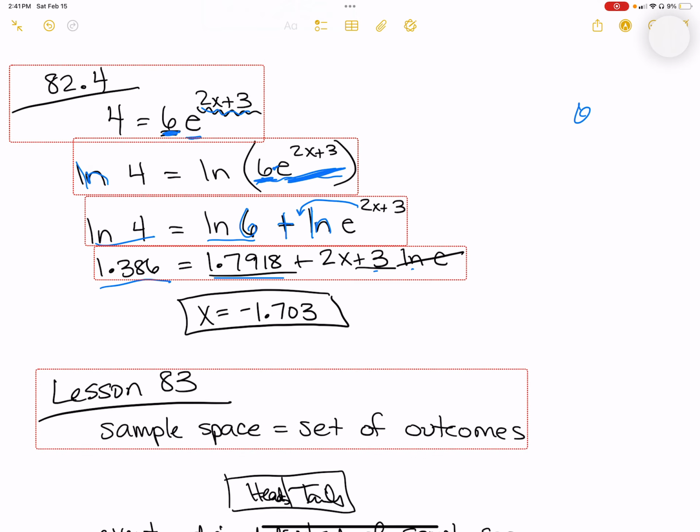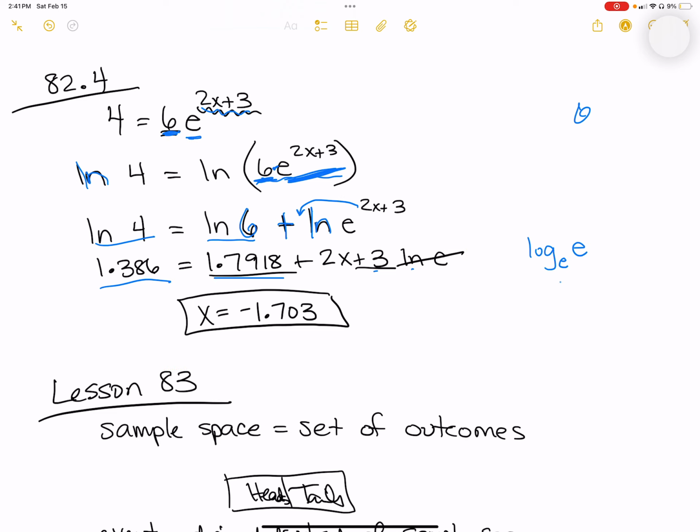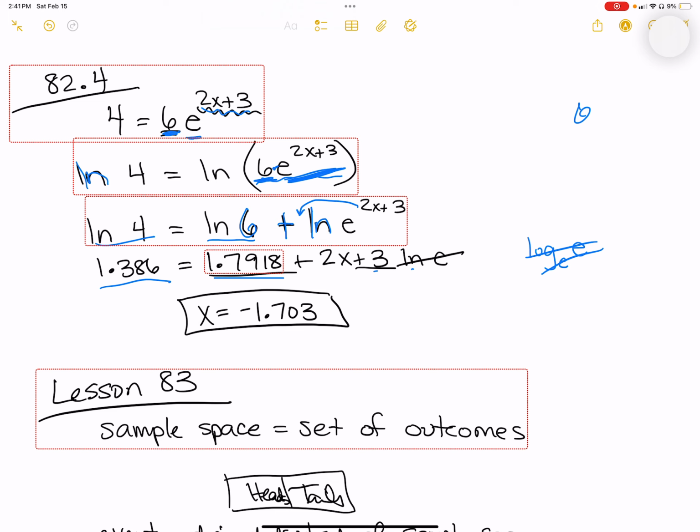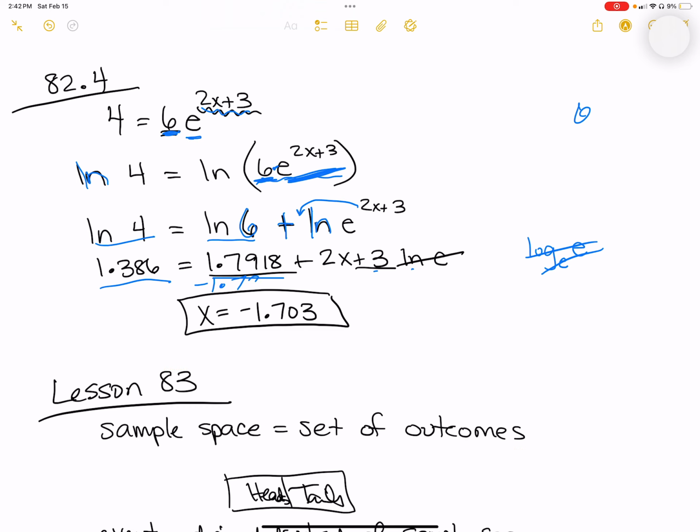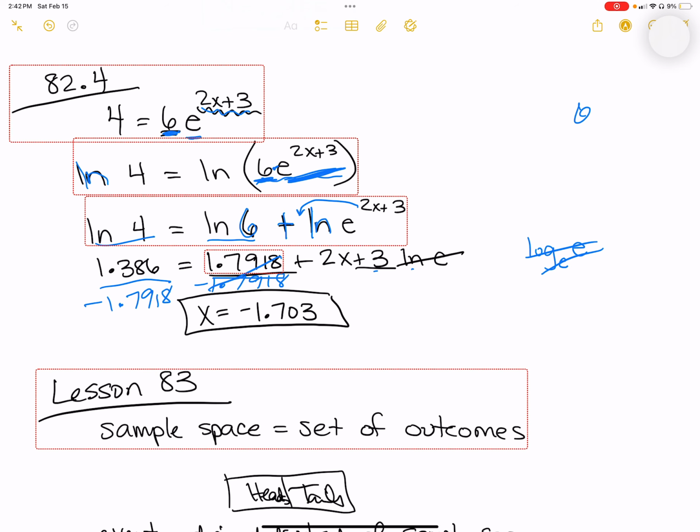So remember, natural log e is log base e of e. And so that's just 1, okay? So then when I put all this, I have to move this 1.7918 over here. Okay, and then over here I have 2x plus 3 equals that side.